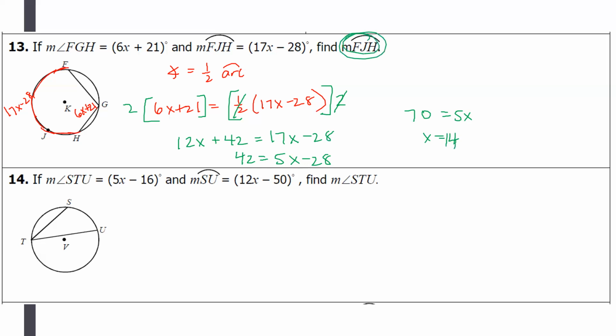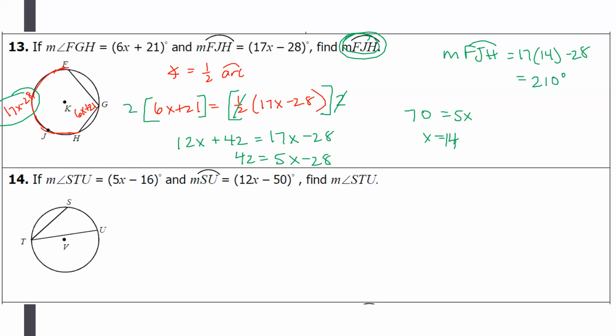We need to find the measure of arc FJH. So we're going to take that 14 and we're going to plug it in for arc FJH. So the measure of arc FJH is 17 times 14 minus 28. And we get, when we type that all into the calculator, 210 degrees.